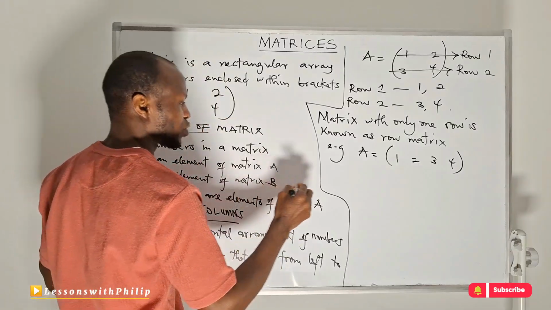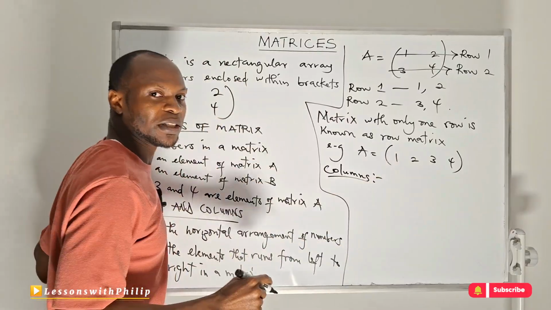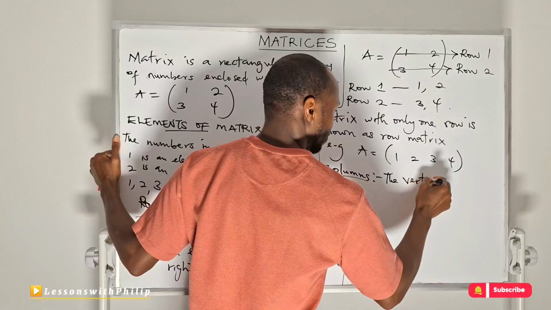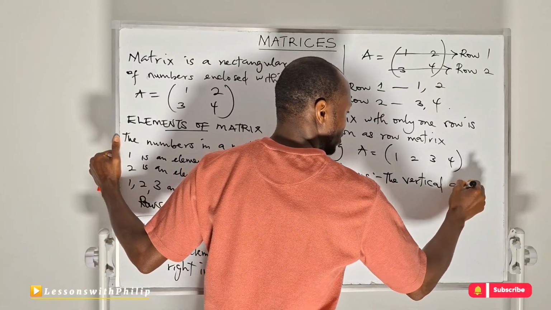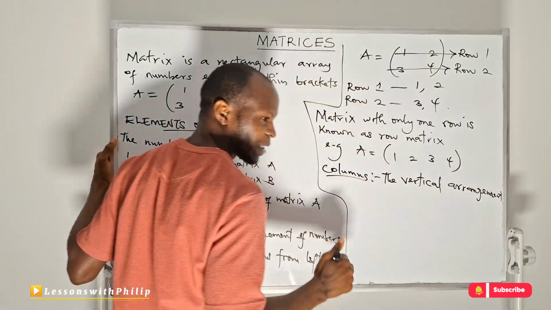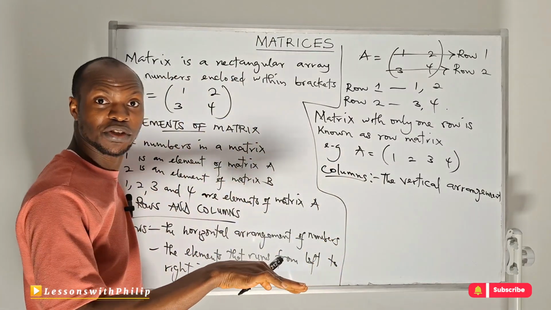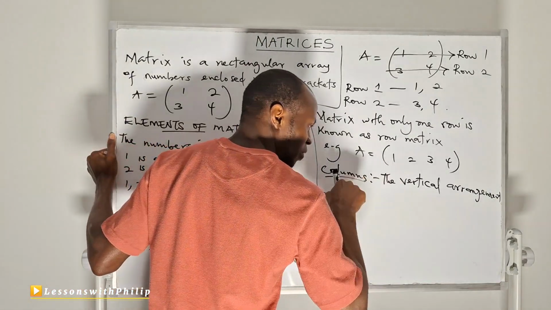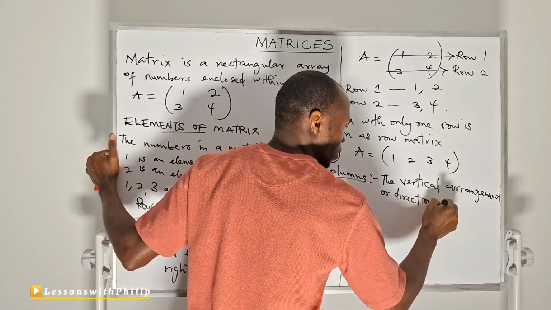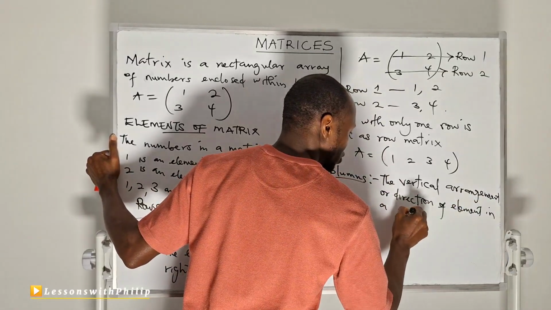Now let's go to columns of a matrix. The columns of a matrix are the vertical arrangement of numbers. It can be the vertical arrangement of numbers, or the vertical direction of elements in a matrix.